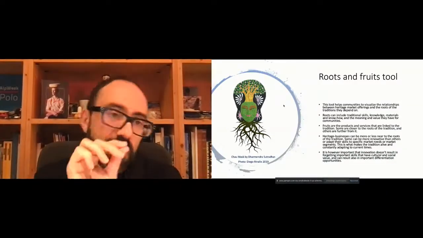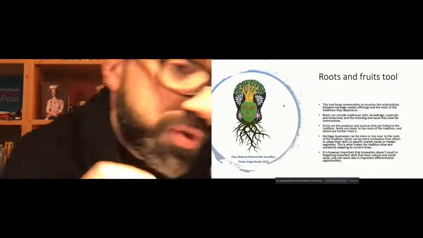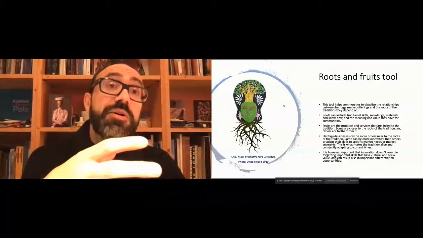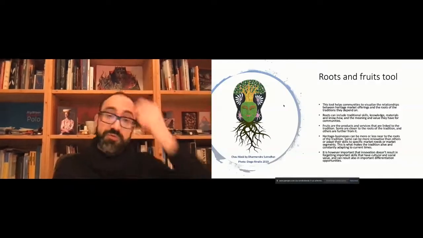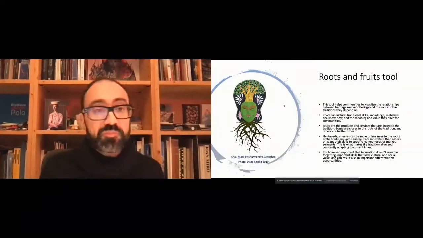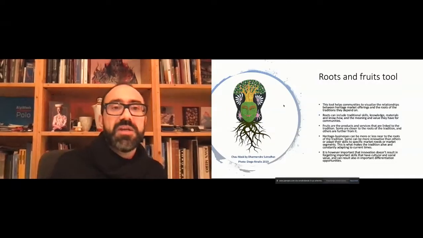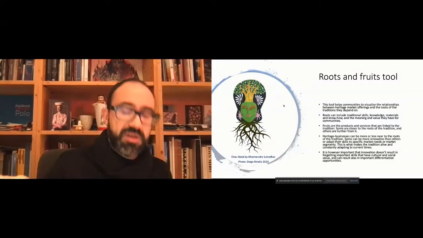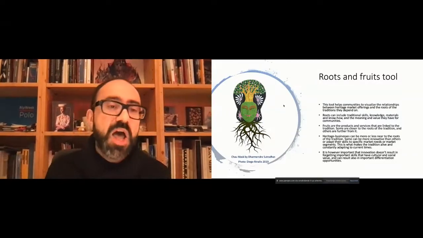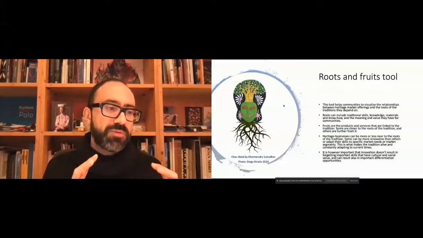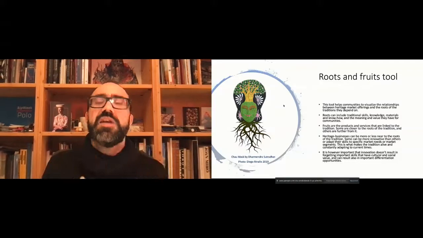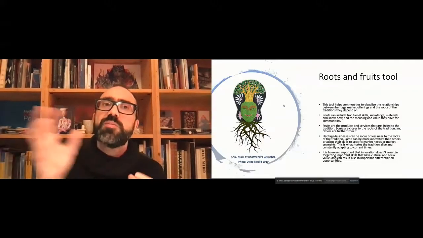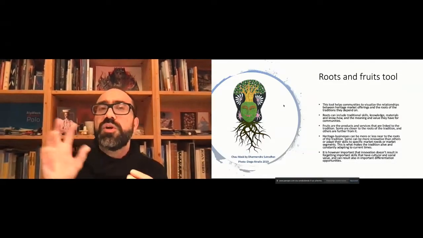So it can be a way to position yourself and your brand as nearer or further from the roots of the tradition. With this tool, you can also try to understand the essential DNA of your tradition, and you can position products as more or less near.